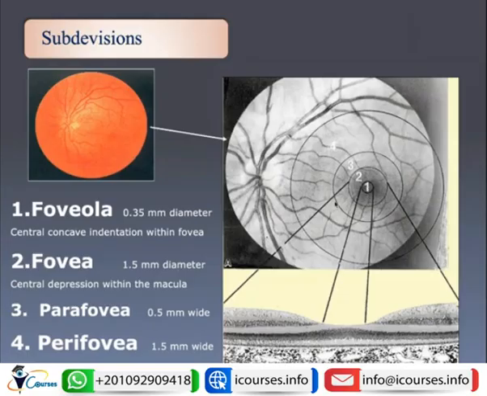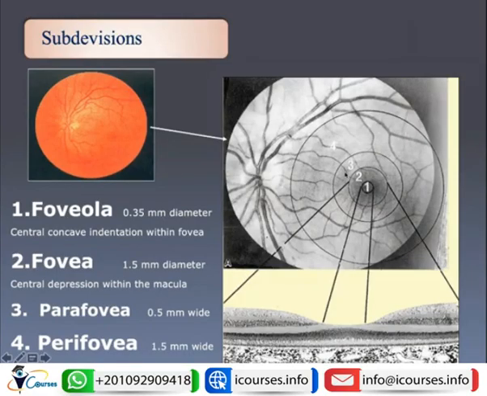At a diameter of about 1.5 millimeter, this is called the fovea. So the fovea here is all called the fovea. The fovea is about 1.5 millimeter in diameter, and it is a central depression within the macula. So if we said that the macula is 5 millimeter in the vertical diameter and 5 millimeter in the horizontal diameter, the central 1.5 millimeter is called the fovea.